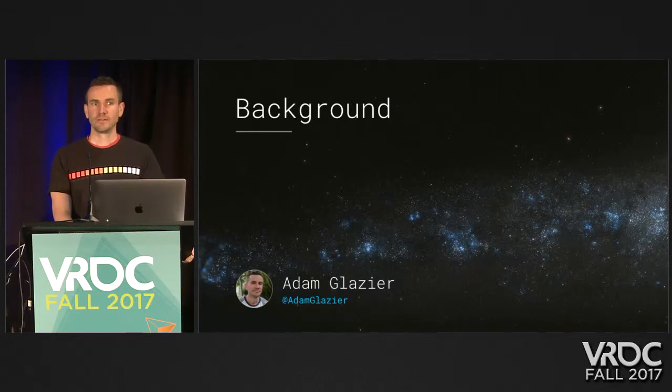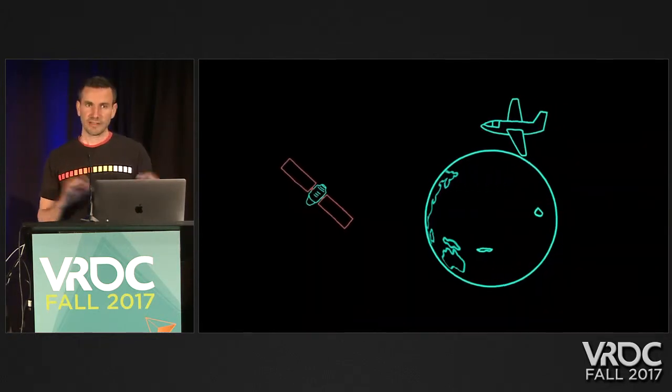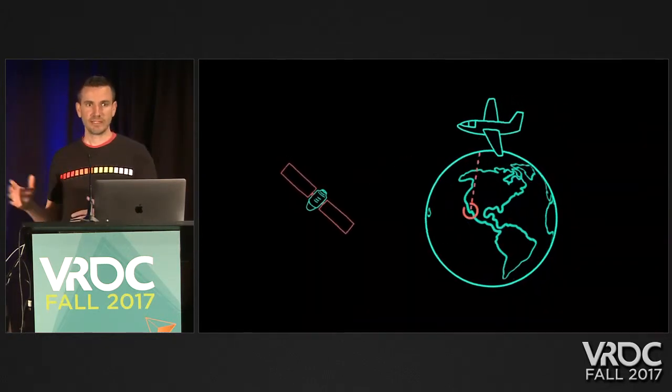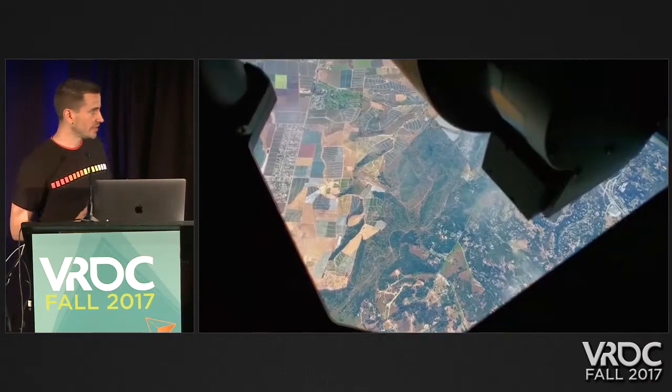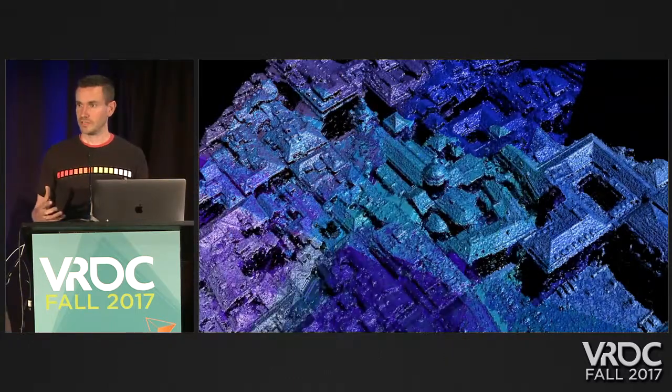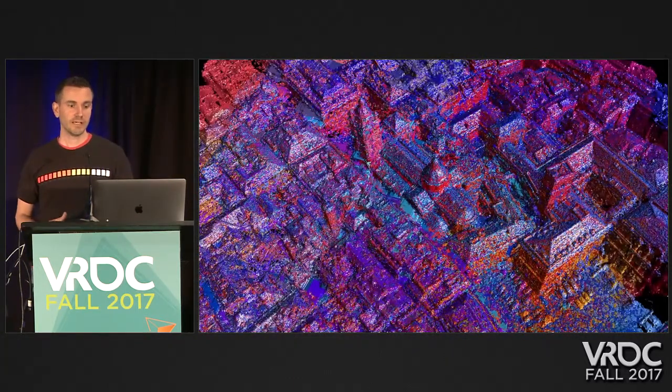About 14 years ago, Google started exploring the idea of mapping the entire Earth. We started out with satellite data, but then we started using planes and cars to collect more imagery data, and using that, we used photogrammetry to slowly build a more complex 3D mesh of the entire Earth.